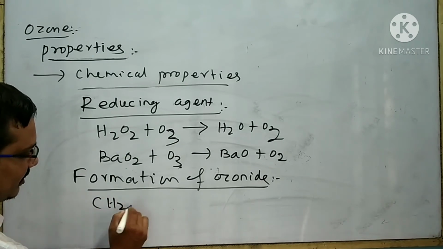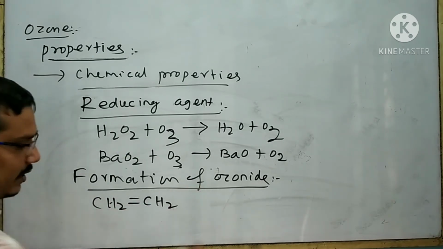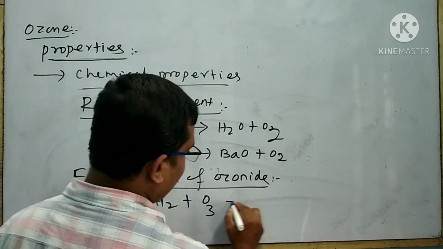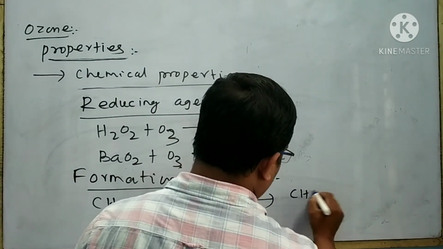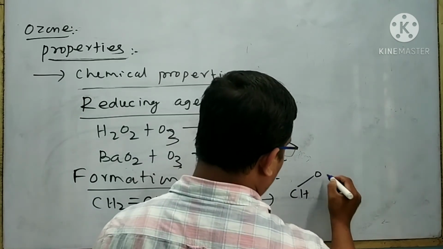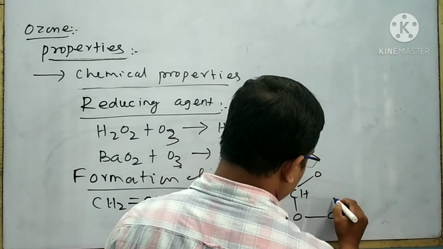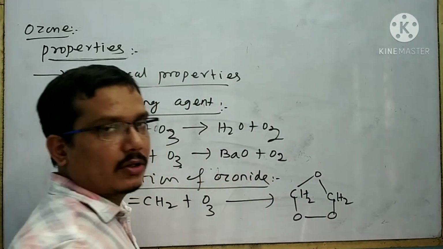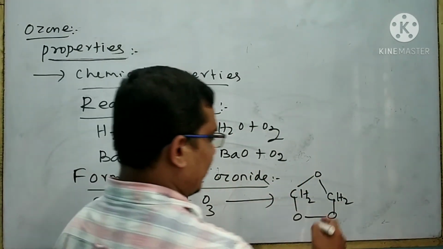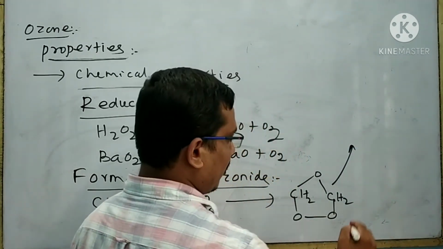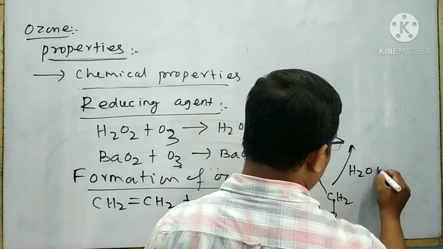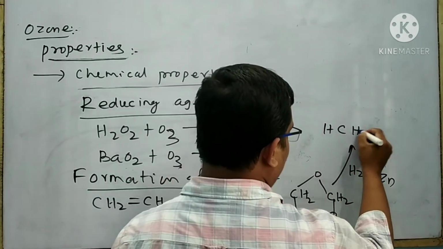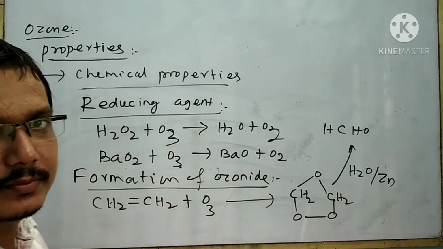Suppose I will take an example, that is ethene. When ethene is subjected to reaction with ozone, then an ozonide product is formed like this. This is your ozonide compound. When this ozonide compound undergoes reaction with water in the presence of zinc, then formaldehyde is formed.